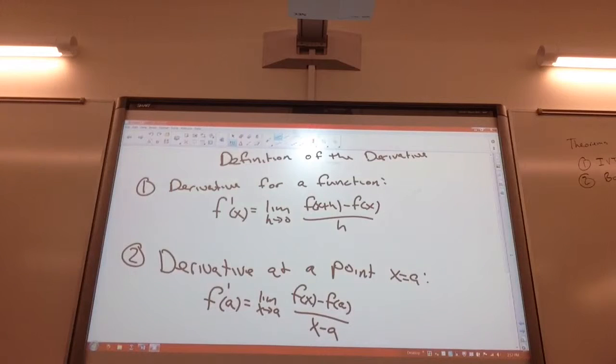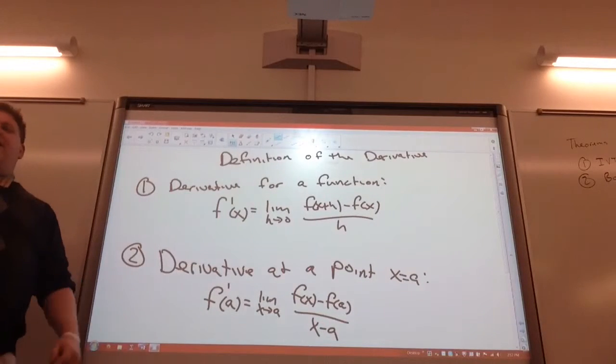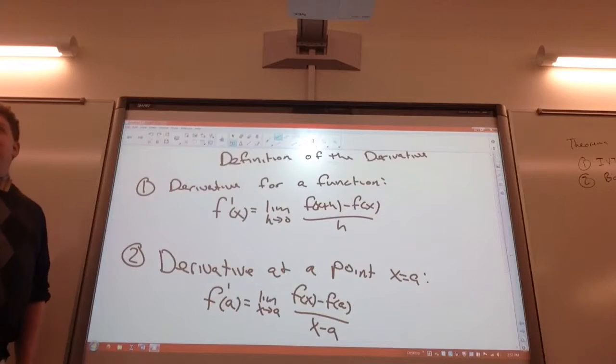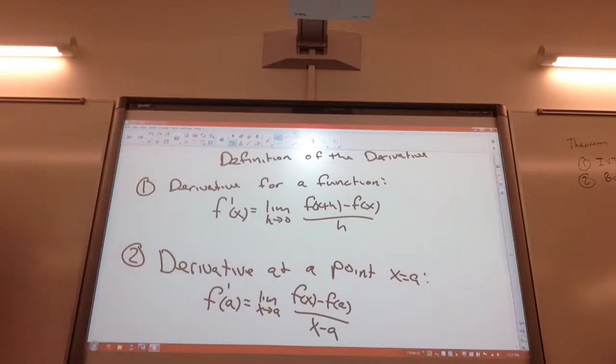It's the slope formula, right? The only difference is I'm taking the limit as the 2 points again go right one on top of another.